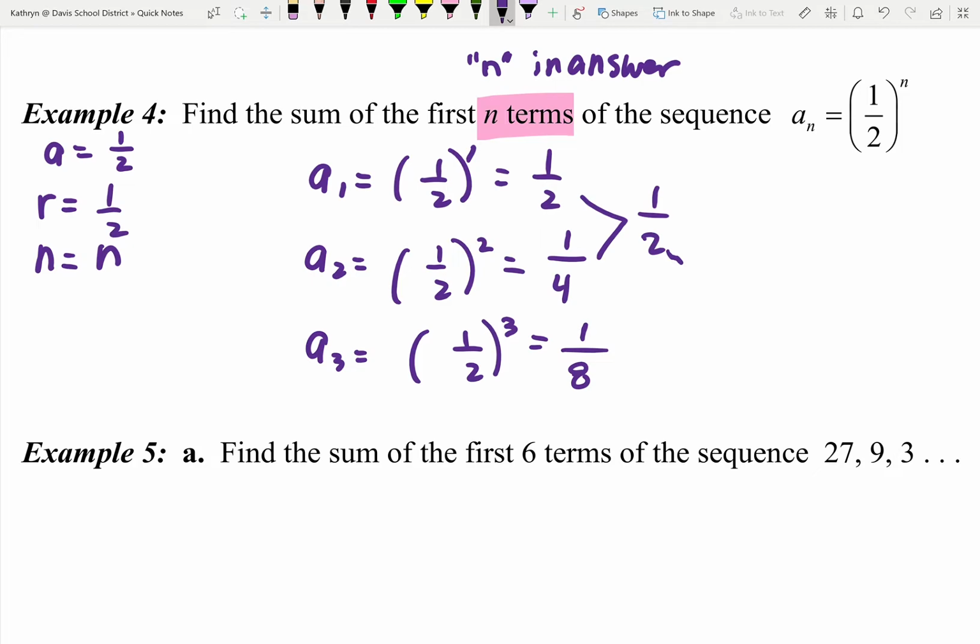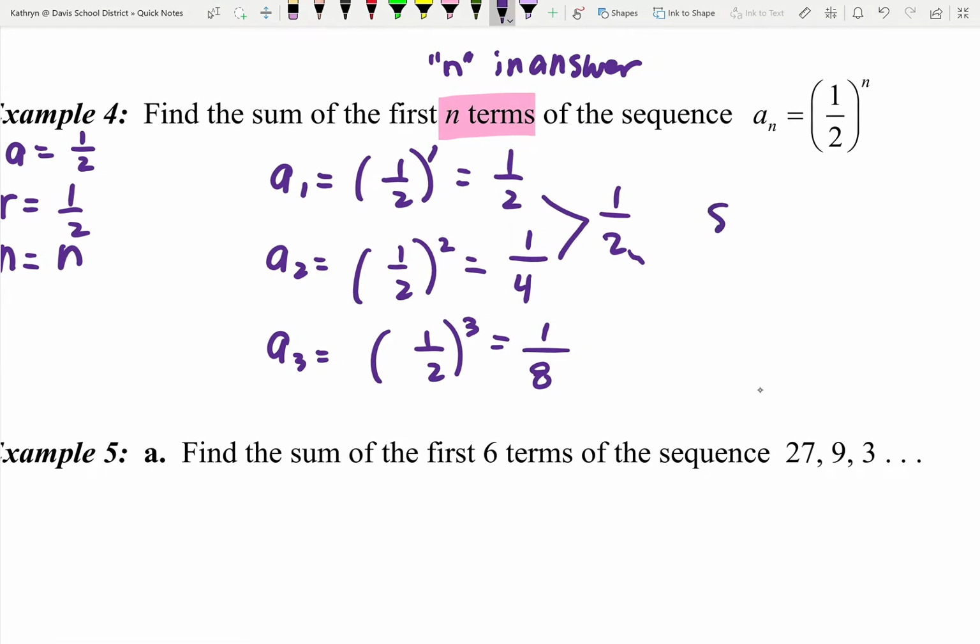Okay, so let's put that in the formula. So the formula is S sub n equals a, and then I'm going to do a bracket, 1 minus r to the n over 1 minus r. Now I do have the r on the top in parentheses, so you need to put parentheses around it.